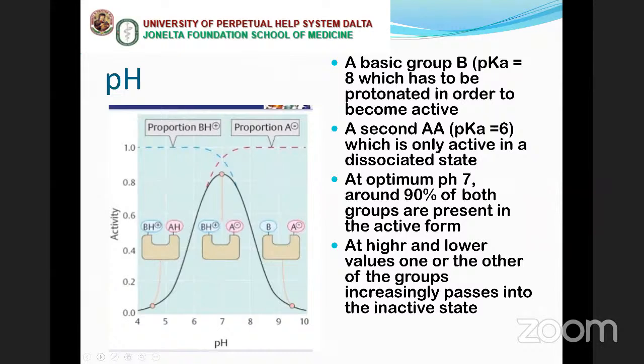A little above or a little lower values, one or the other of the groups, of course, your enzymes would have both groups, increasingly passes into the inactive state. Okay, so because our enzymes would not be in pure form, you have your amino acids which behave differently. So there would be a bell curve effect. So that is pH. So you have your substrate, you have your temperature, and you have your pH.